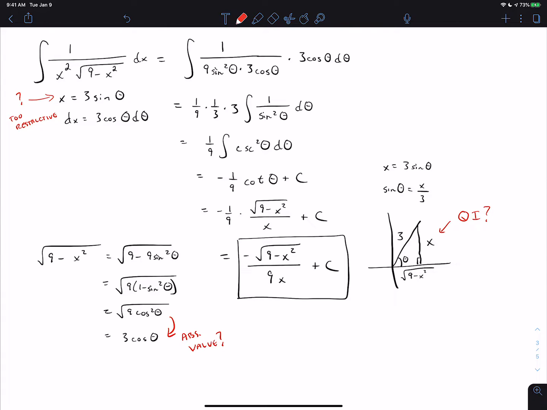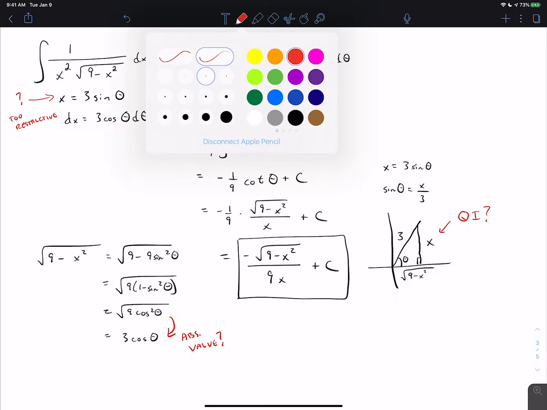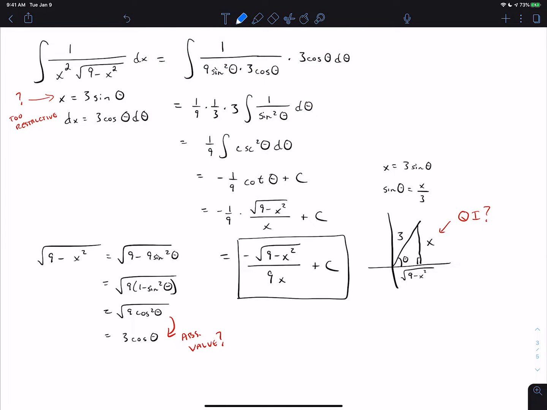And then the last thing, which didn't occur in this problem, is if we had had an x or a theta that was not part of a trig function. So like in this step, if we had had, say, negative 1/9 cotangent theta plus 6 theta plus c, how come we can do inverse sine of x over 3 to replace theta there?